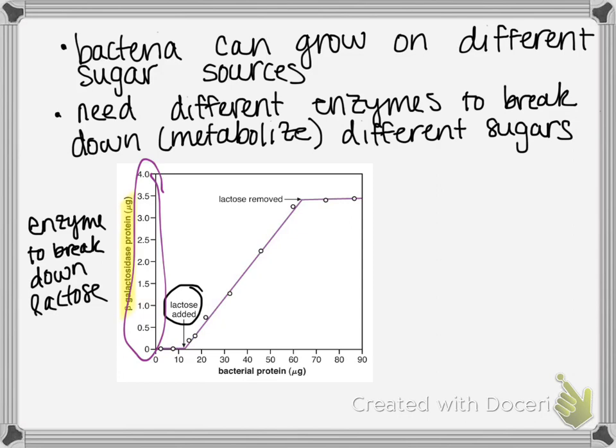Once there is not really any protein around, and then lactose is added, we get a large increase in the amount of beta-galactosidase, and then lactose is removed and the transcription stops.